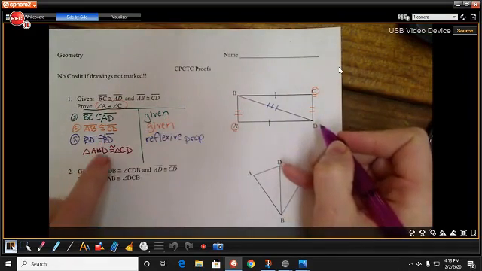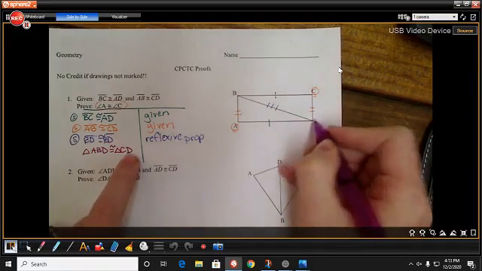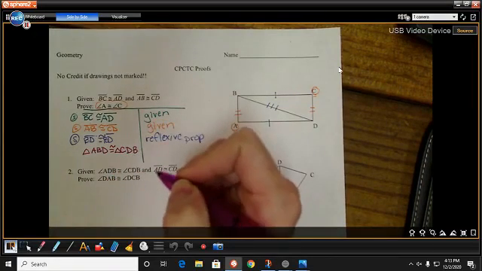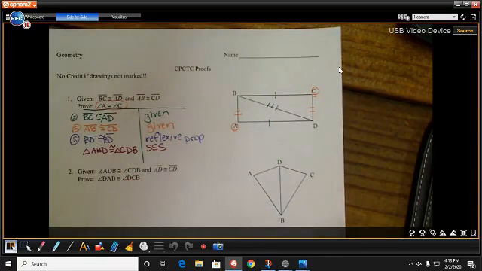And then from B to D, I slide down the diagonal. So in this other triangle, I'm going to go from D and slide up to B. And I have my two triangles. And that is according to side, side, side congruence.